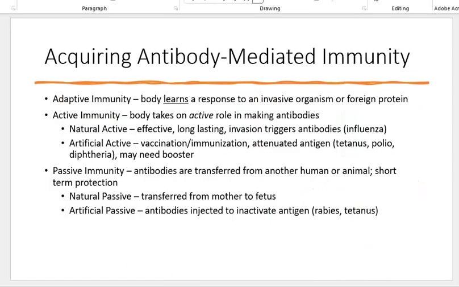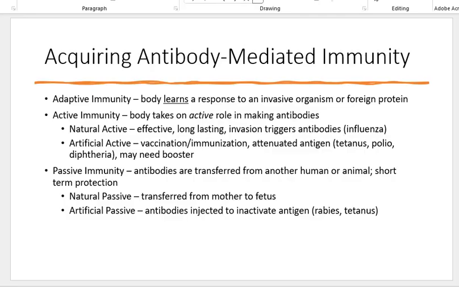So acquiring antibody-mediated immunity. The body learns to respond to invasive organisms or foreign proteins. You have active immunity. This is where the antigen enters the body, and the body responds by making specific antibodies against the antigen.